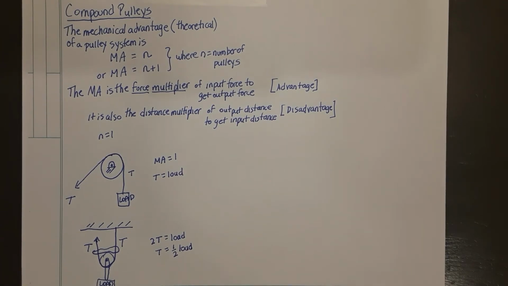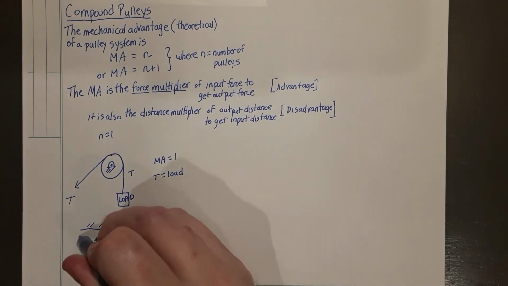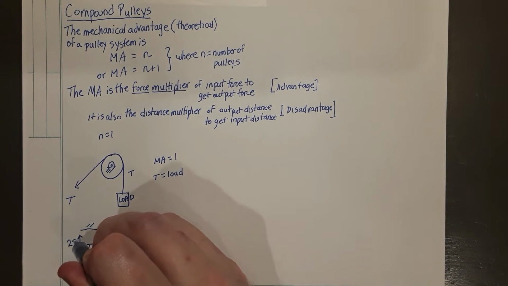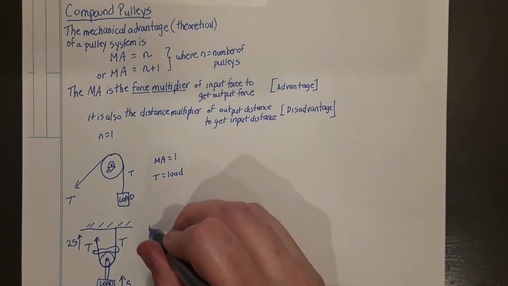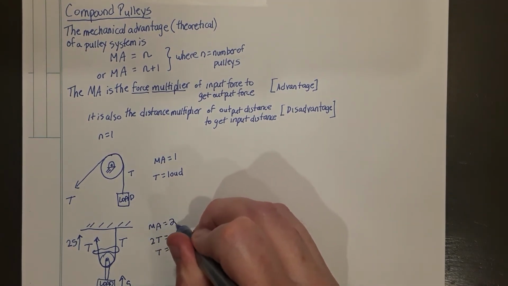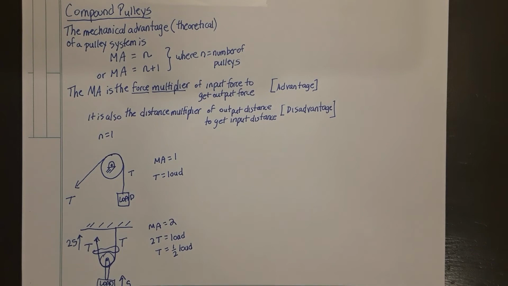The disadvantage of this, though, is that if this load rises a distance s, you will have to pull with a distance 2s in order to use the pulley system. So this has a mechanical advantage here of 2-to-1, but we are still only using 1 pulley.